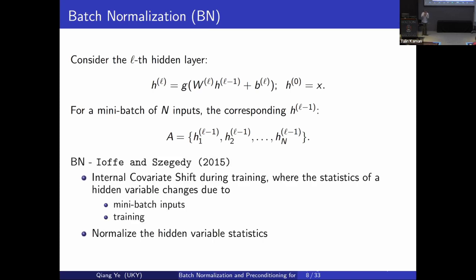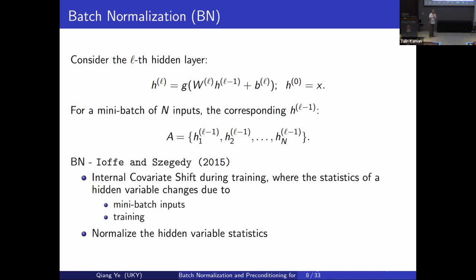in the paper that developed this batch normalization, called BN, by Ioffe and Szegedy, they observed something called internal covariate shift. What they claim is that during mini batch training, because of the change of input, the statistics of this input A here change.